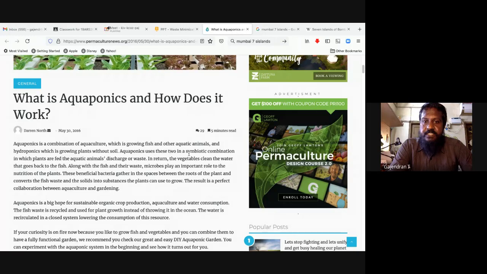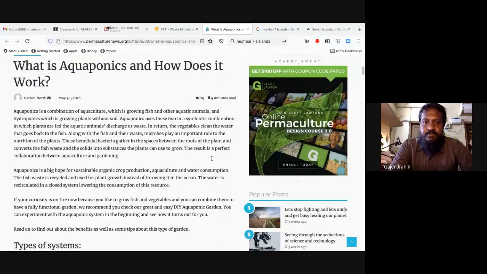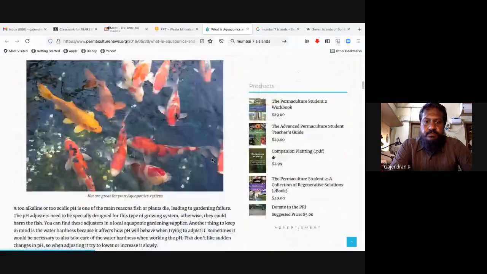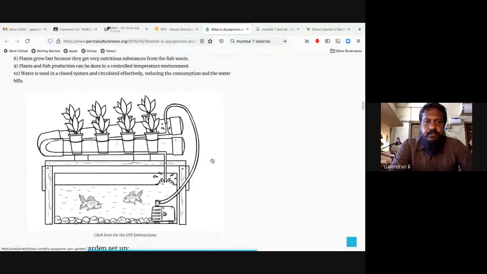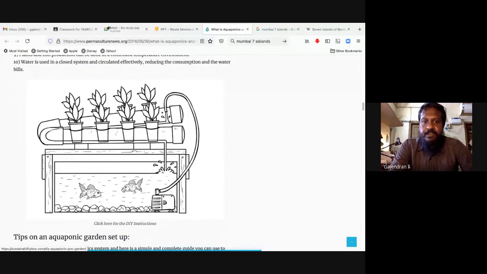Aquaponics uses these two in symbiotic conditions, in which the plants are fed with the aquatic animals' waste discharge. In return, the vegetables clean the water that goes back to the fish. So effectively, this would be the process, one simple layout of it.